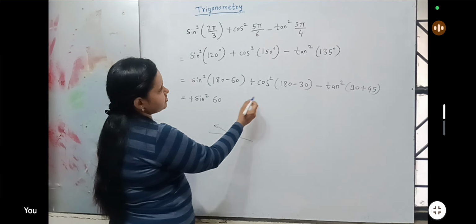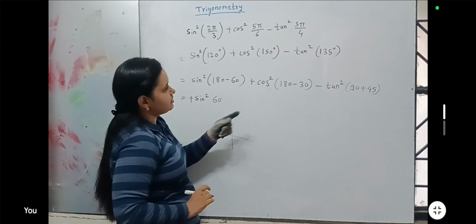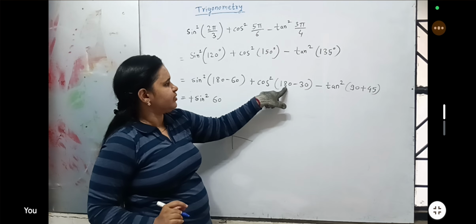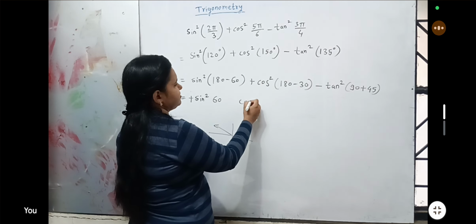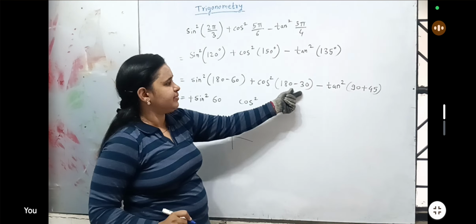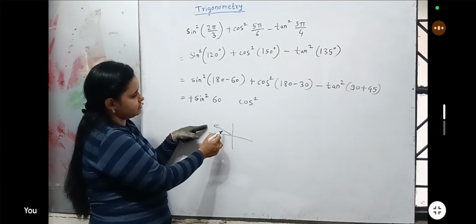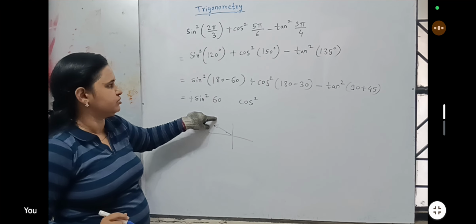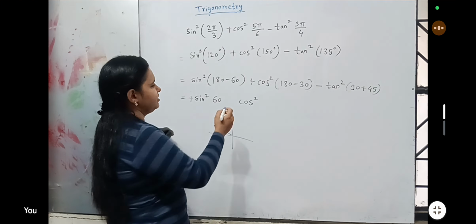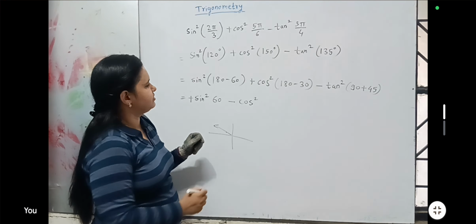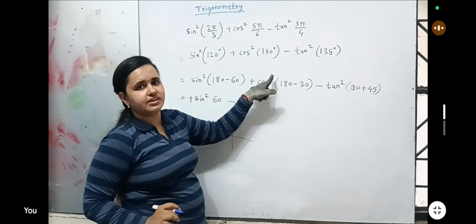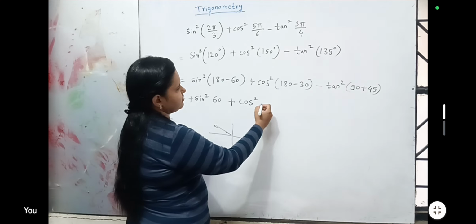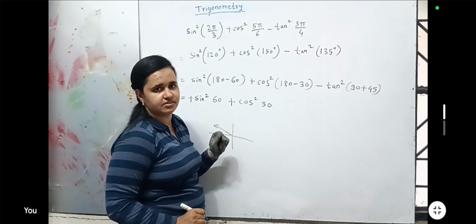Now cos square of 180 minus 30. Here 180 is even multiple of 90. That's why cos square will remain as it is. And 180 minus 30 means it is again in second quadrant. In second quadrant only sine and cosec are positive and cos is negative. So it will be negative. But as it is a square, negative negative will get positive. Plus cos square of 30.